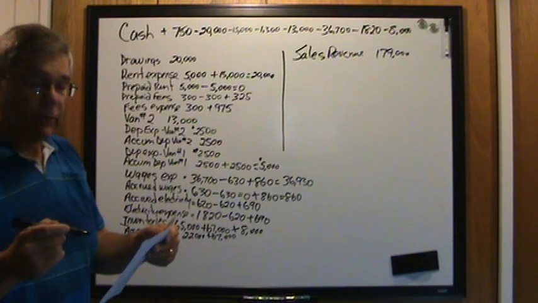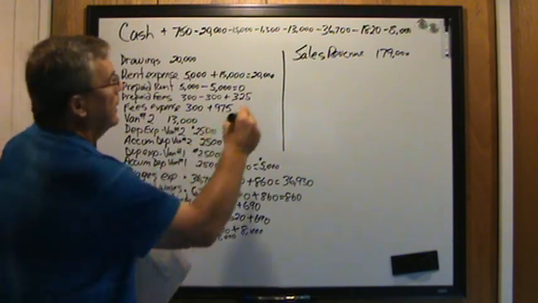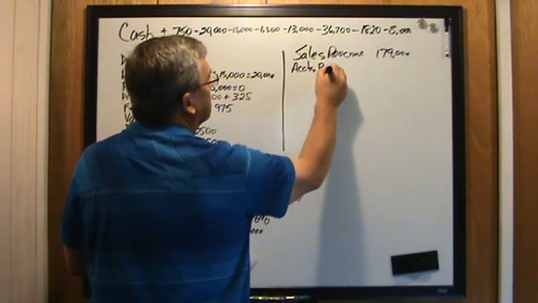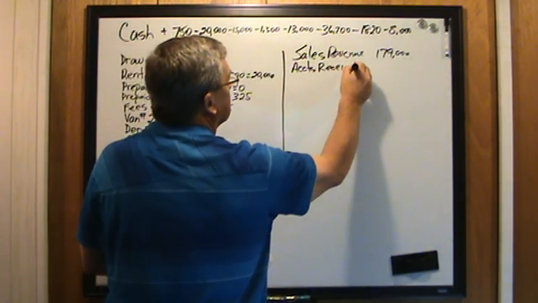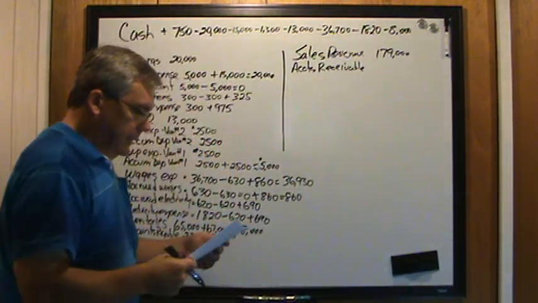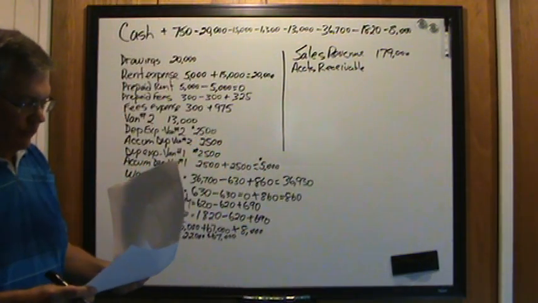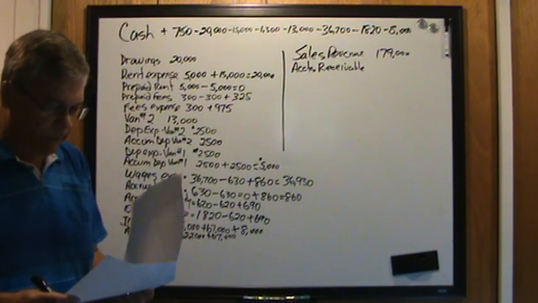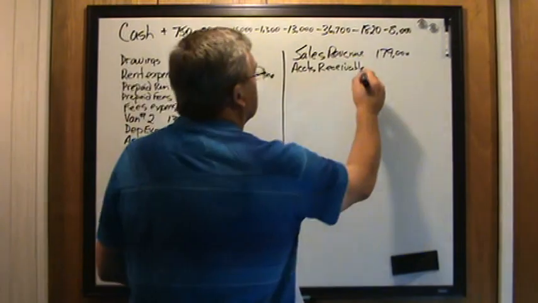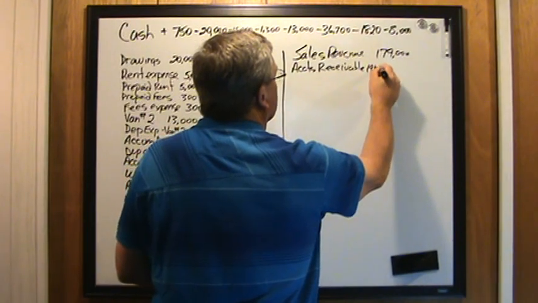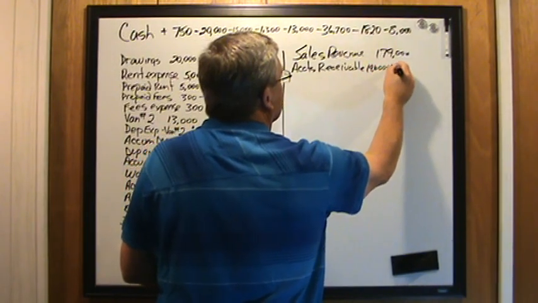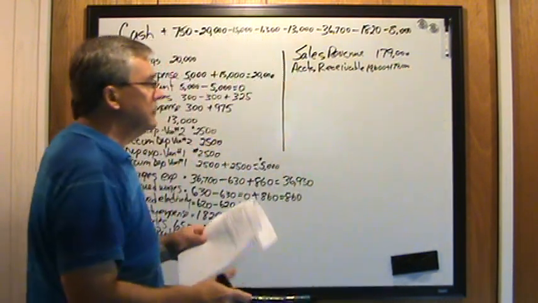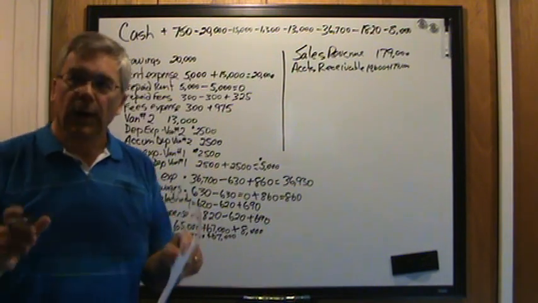On credit, total 179. So we have accounts receivable that increased 179,000. Check to see what the balance was at the start of the year for receivables. It was 19,600, so 19,600 plus 179,000. That's one part of the transaction.